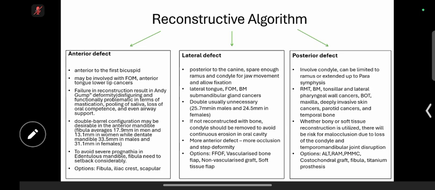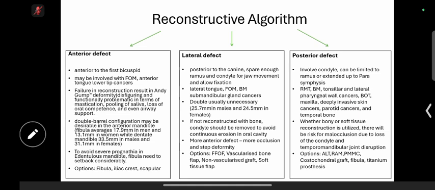Why? Because the fibula average width is 17.9 mm in men and 13.1 mm in women, while the mandible height is 33.5 mm in the anterior region in males and 31.1 mm in females. So to compensate this much height, double barreling configuration is desirable.